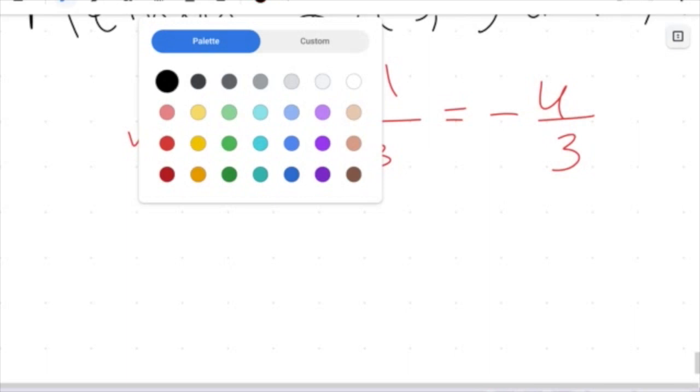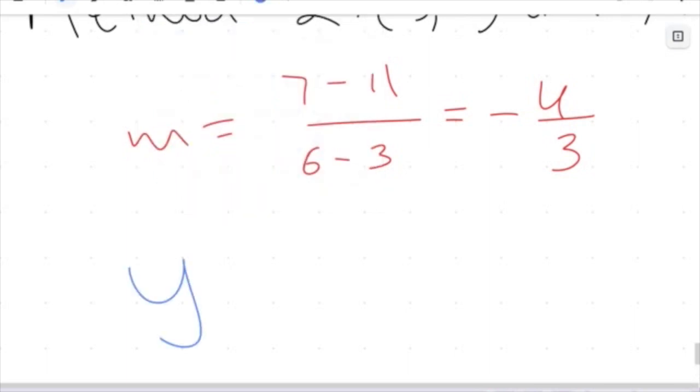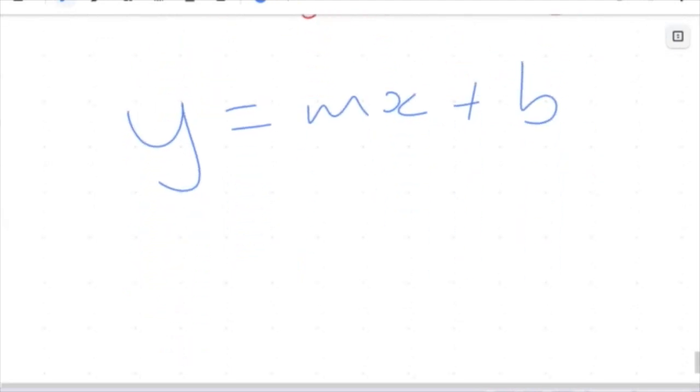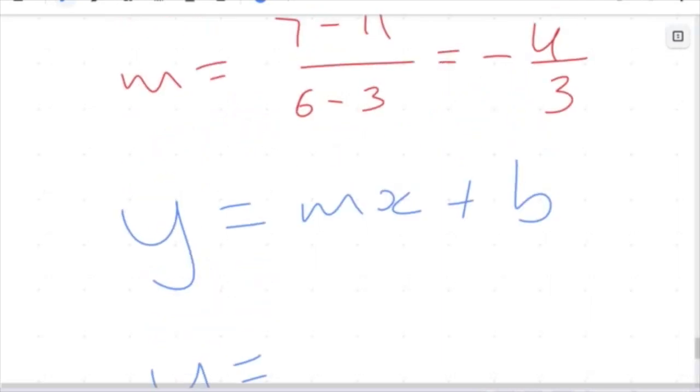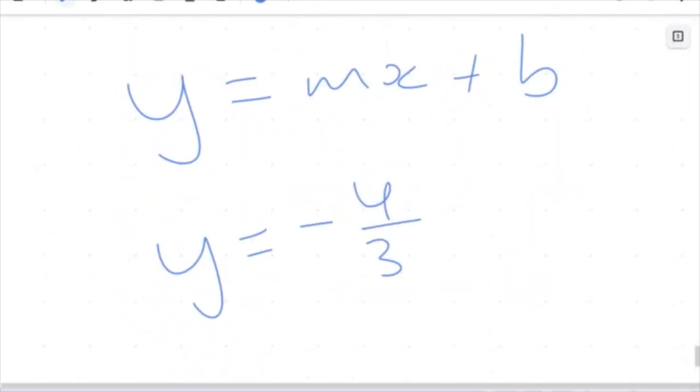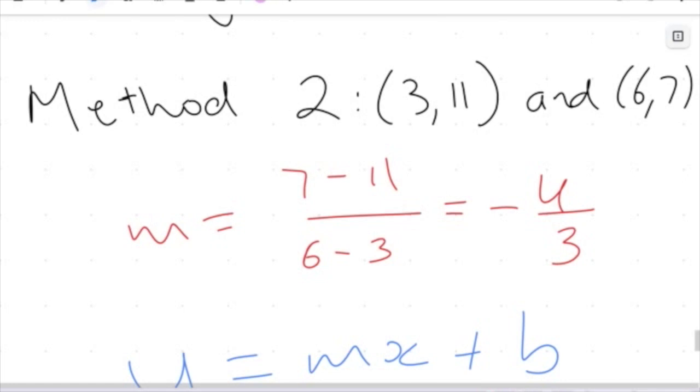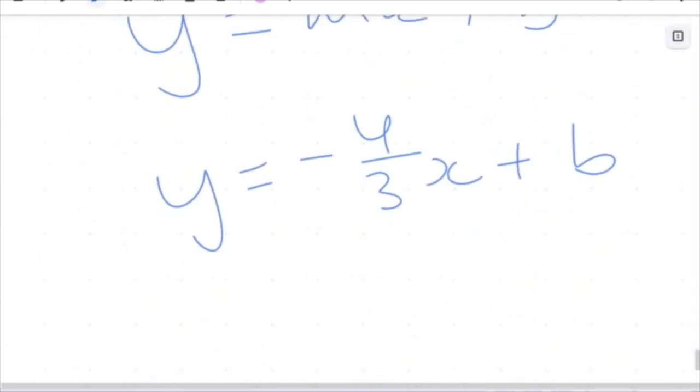Another way we can do this is we can say, all right, I know that my equation of all lines is y equals mx plus b. And in this case, my m is going to be negative 4 on 3, plus b. And now it's just a matter of finding this b here. Now, if you remember what we talked about in previous videos, or just from your previous studies, any point that lies on a line, so 3, 11 and 6, 7, both of these points, when I substitute them in, they satisfy this equation.